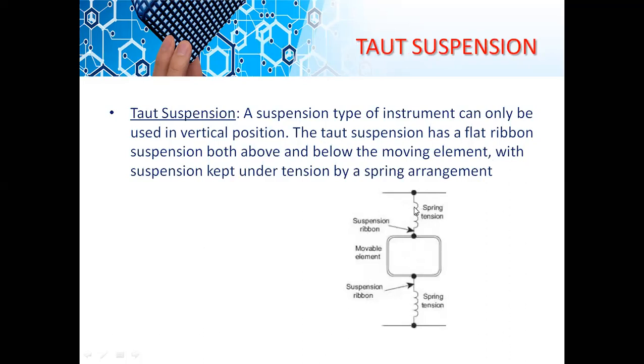So for both suspension types, we have it only in vertical position. So we should be using the instrument only in vertical position. Otherwise, gravity will change the position of the moving system. The moving system will face some other problems to move.